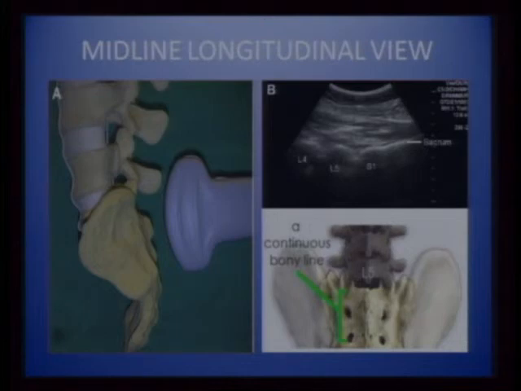Then there is a dip there, which is the S1, L5 interspace. Then there is a small hump which is formed by the spinous process, another dip, which is the L5, L4 interspace, and then another small hump, which is L4. So from below upwards, if you start counting, you can identify exactly what is the space that you're going to enter.